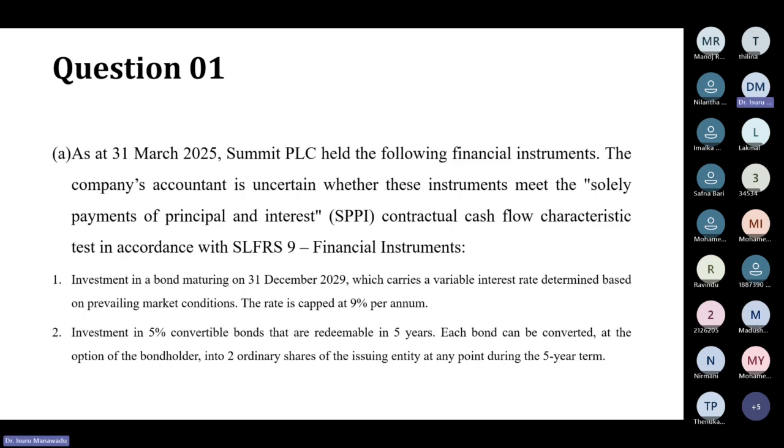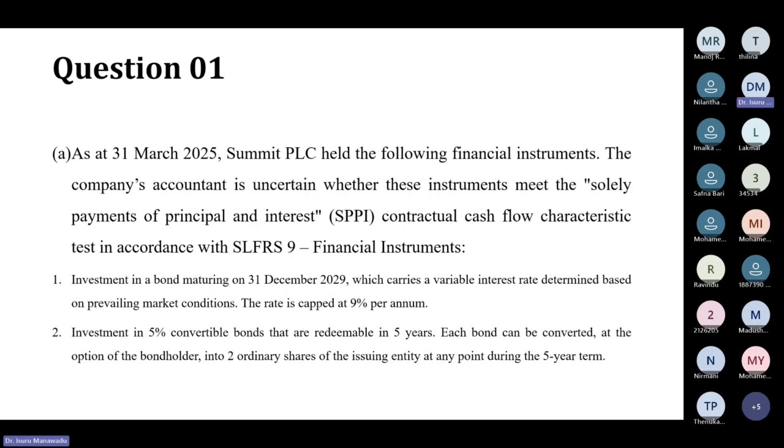Investment in 5% convertible bonds that are redeemable in 5 years. Each bond can be converted at the option of the bondholder into 2 ordinary shares of the issuing entity at any point during the 5-year term. Now, did you see anything related to conversion? So there is a conversion option.